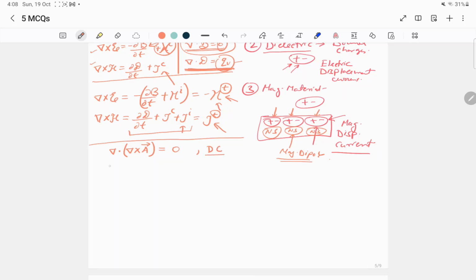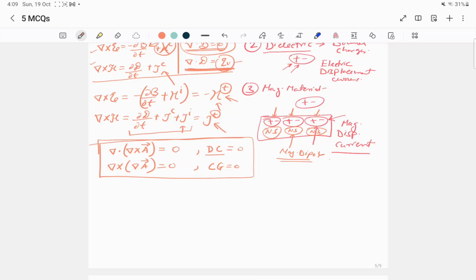Similarly, the curl of a gradient is also 0. That is, when you take the curl of a gradient of any vector A, it is always 0. We call it curl of a gradient is 0.